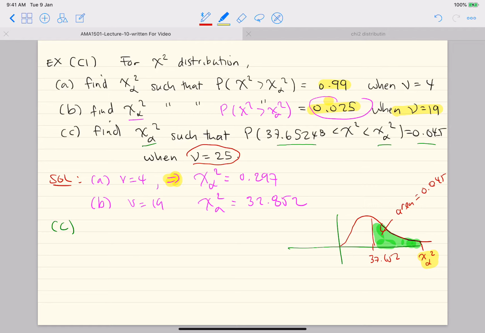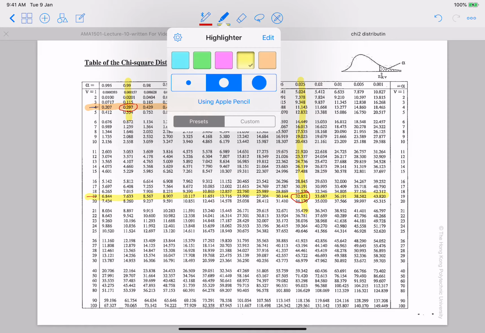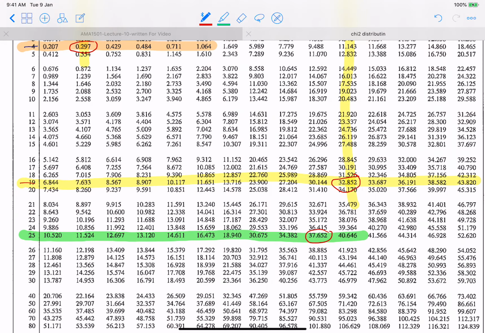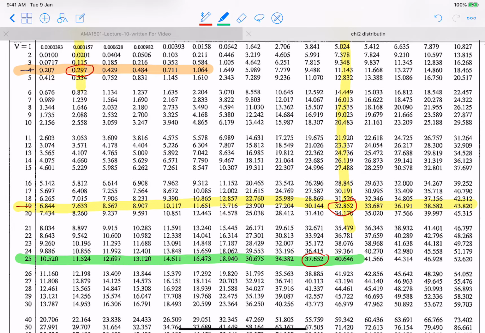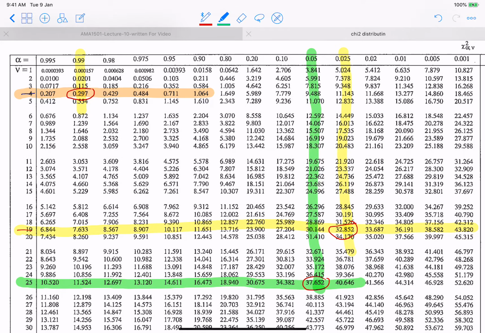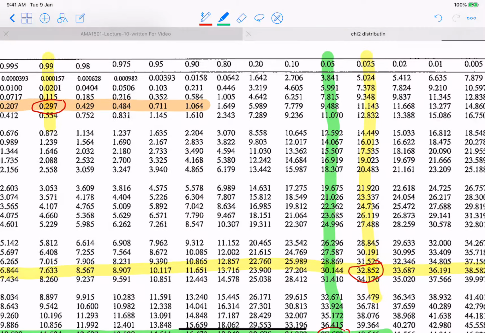For 25 degrees of freedom, if we look at the chi-square table, there is a 37.652 here, which means when we go up, we see that the area to the right of 37.652 is 0.05.